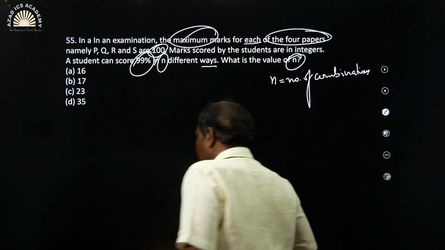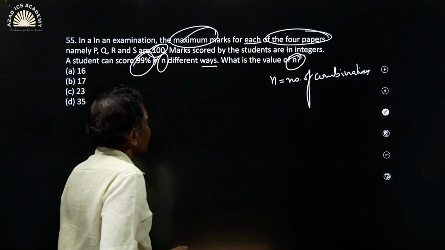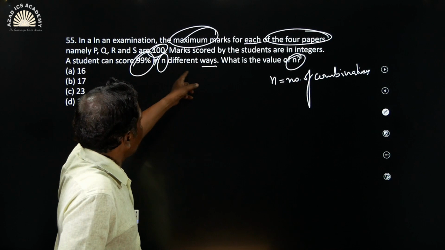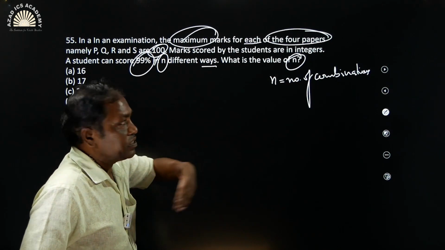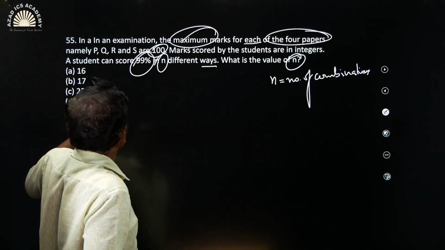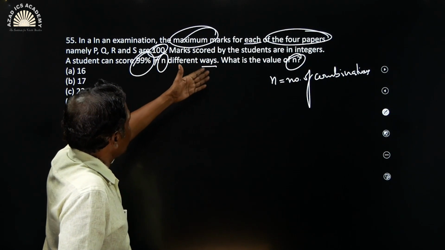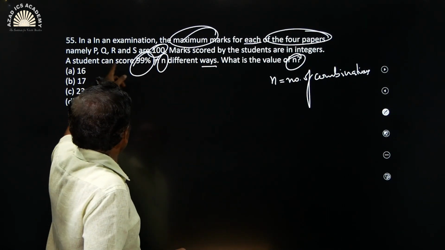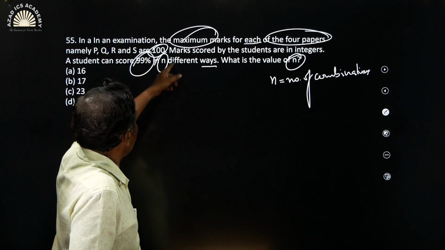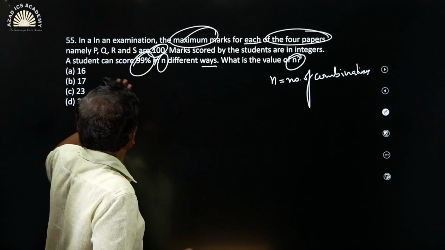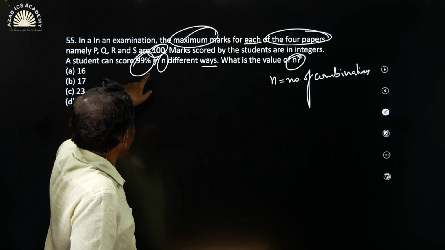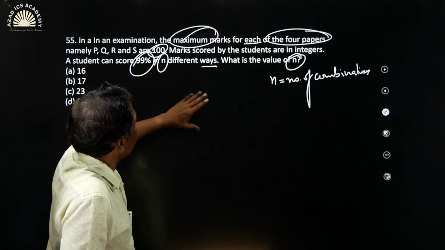What is the content in the question? The value of n is the number of combinations. How many combinations or options are there? In an exam, the maximum marks for each of the 4 papers, namely P, Q, R, S, are 100, and marks scored are integers. A student can score 99% in n different ways.